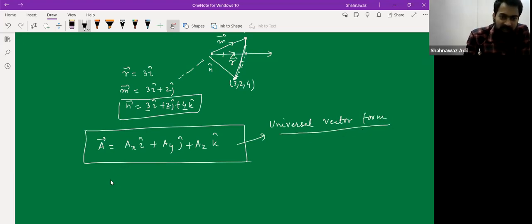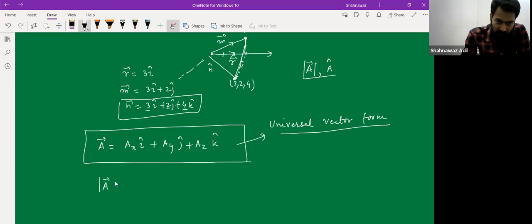And then the vector has 2 parts. One is the magnitude and the other one is the direction, right? So we can calculate the magnitude of this vector like this.